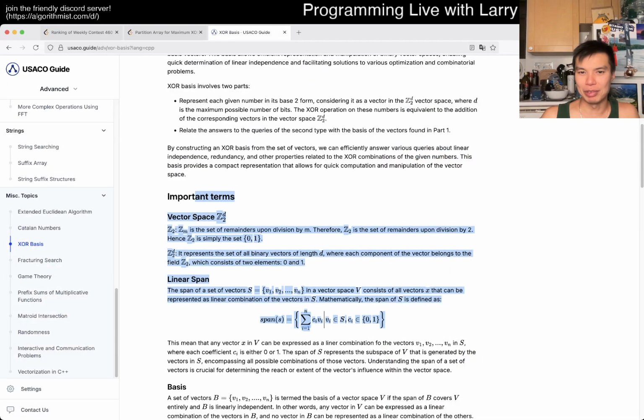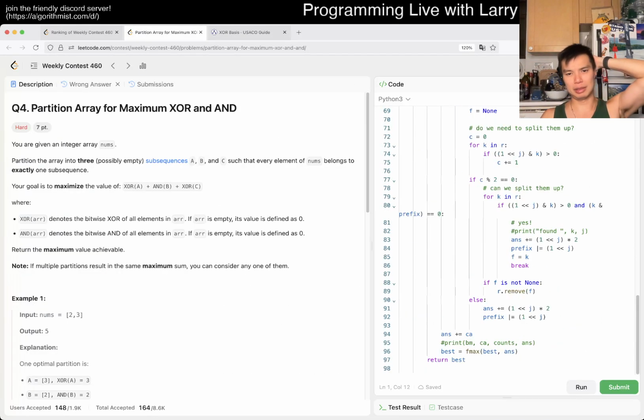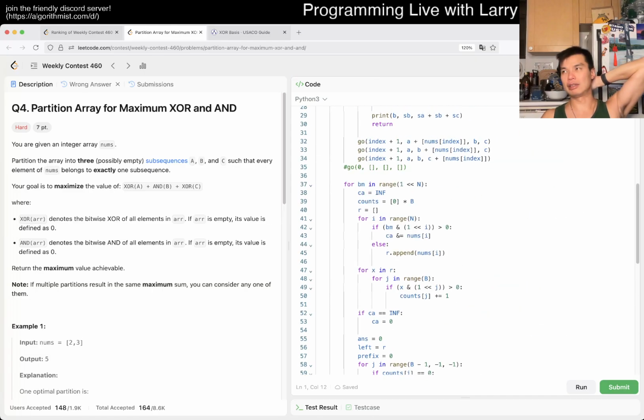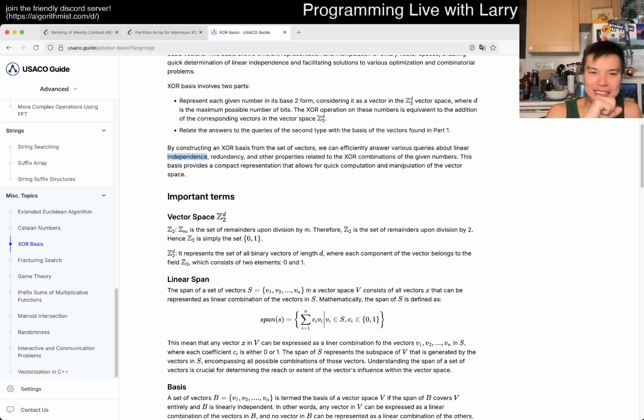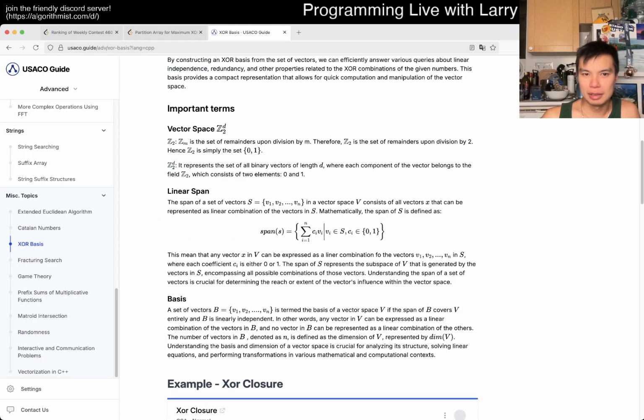Because right now we're not going over the thing yet, but linear independence. I was actually thinking along those lines, but I don't know, how does linear independence help? Okay, maybe I have to read on. Okay, I know vector space.